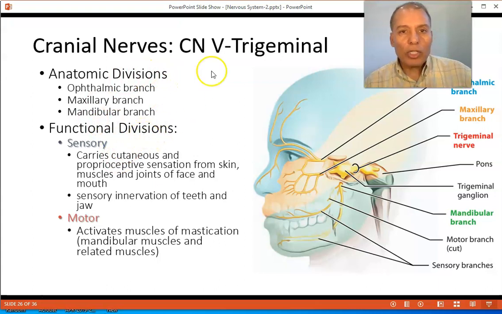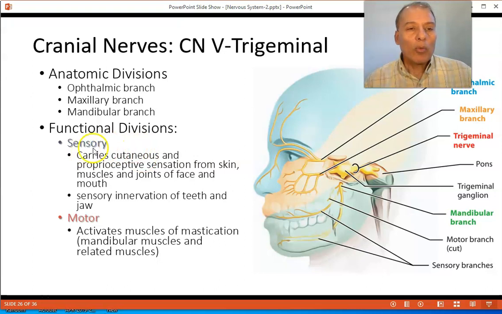So the functional divisions of the trigeminal nerve, cranial nerve 5: number 1, it is both sensory and motor. Sensory, it carries information from cutaneous, meaning on the skin, and proprioception from the skin, the muscles, and the joints of the face and the mouth, exclusively, like your temporomandibular joint, for example.